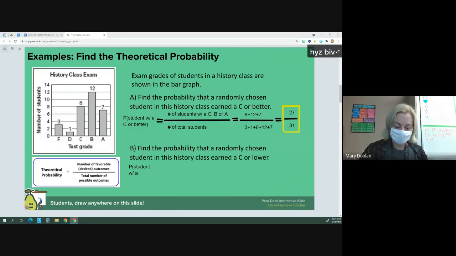So a C, D, or F. And so our number of favorable outcomes is the number of students with a C, D, or F. And this is divided by the number of total students.